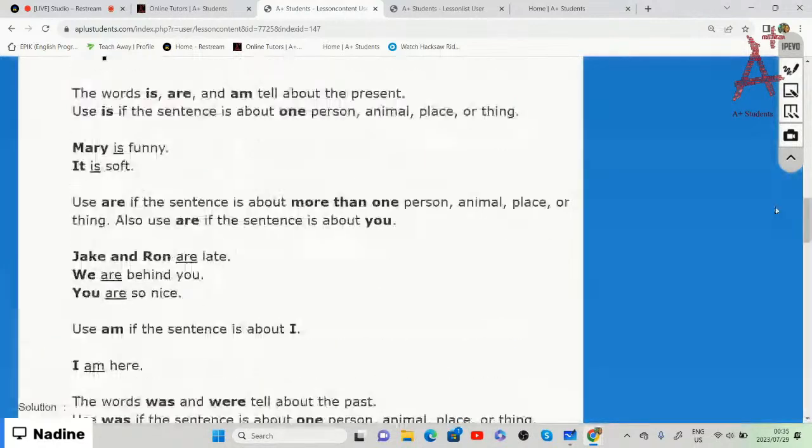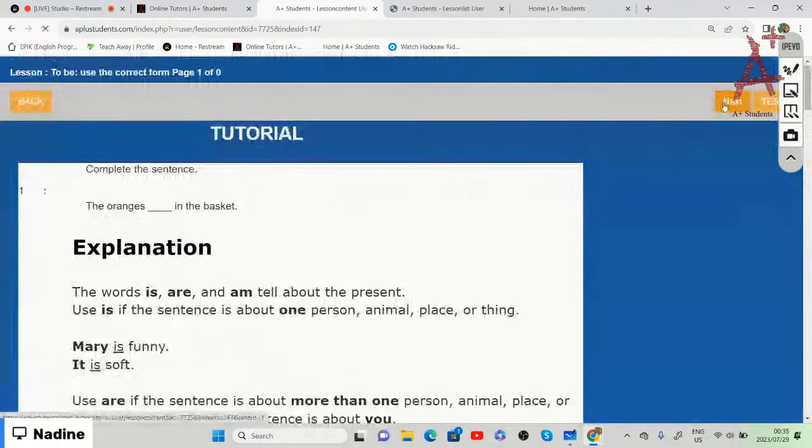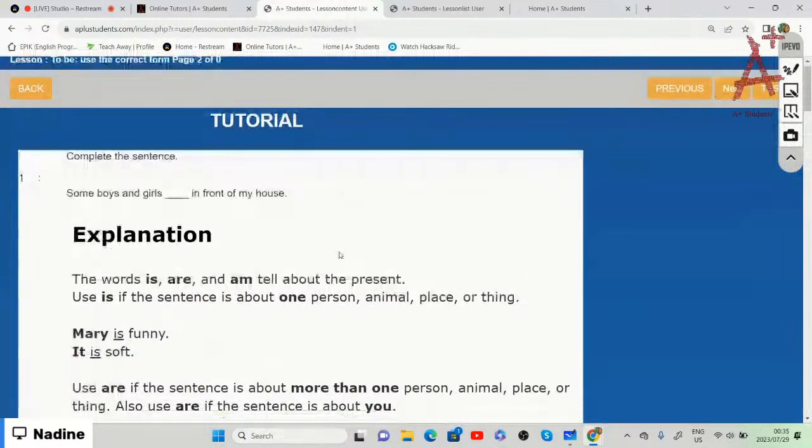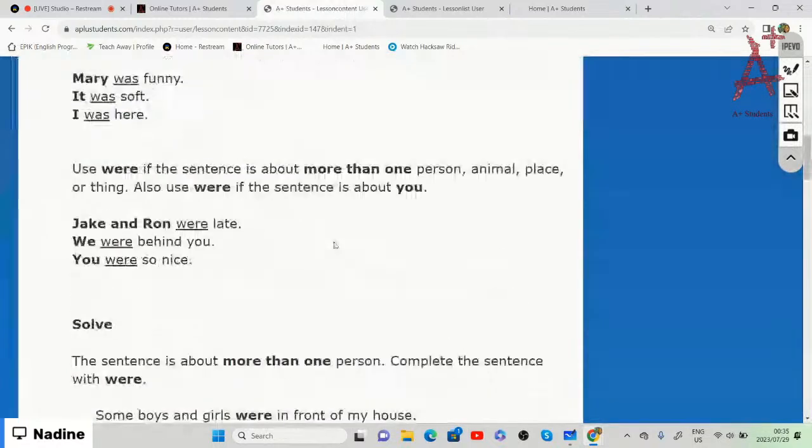All right, let's go next. Some boys and girls. We either need to say some boys and girls are in front of my class or some boys and girls were in front of my house, not class, house, right?